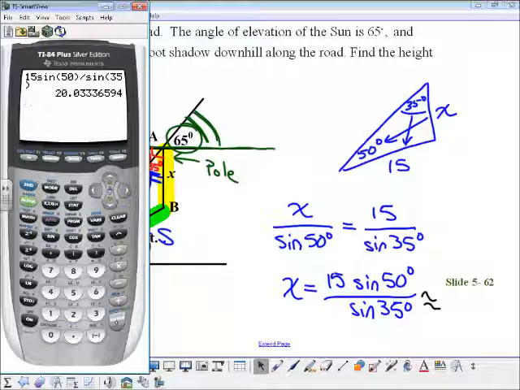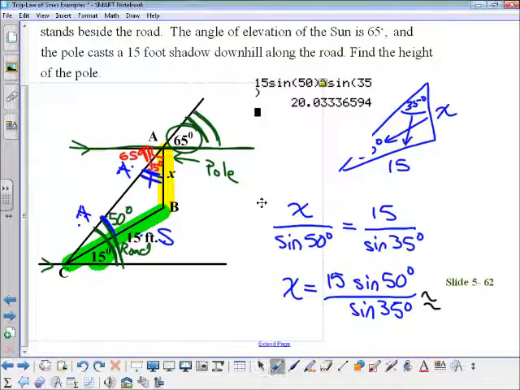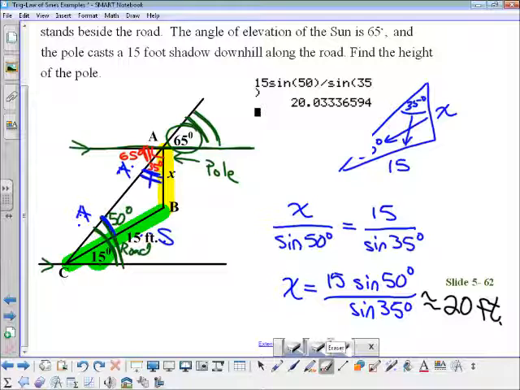Hit enter, and we get our answer of about 20 feet. Okay, so rounding it to the nearest tenth, it'd still be 20.0 feet, which I guess technically if I tell you round to the nearest tenth, you should put in the 0.0, showing you rounded to the tenth. This one we were given units, so put in the units.